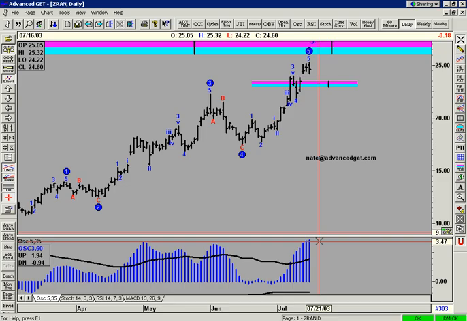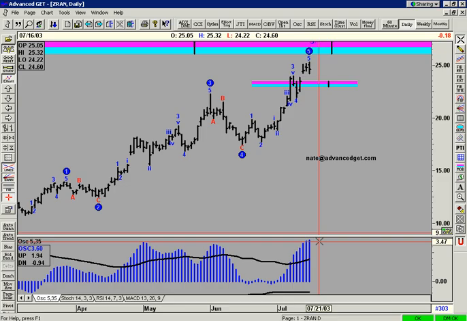Yes, this is a daily chart right here. Yes. Correct. Yeah, you'll see different wave counts. You will always see different wave counts in different markets.